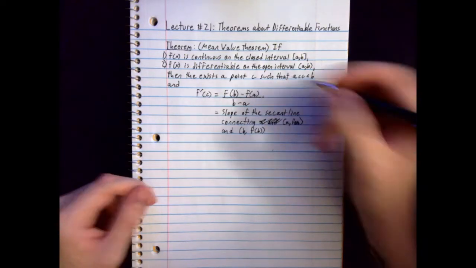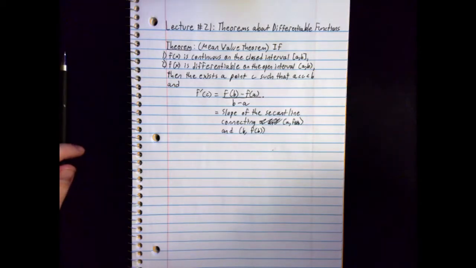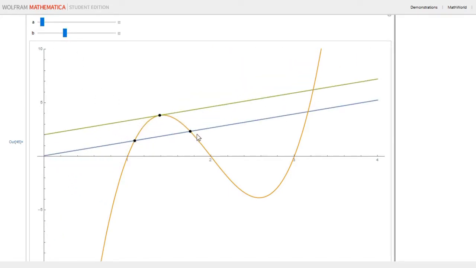So maybe let's take a look graphically at what this represents. And so notice what we have here. My two points that I'm interested in, my interval, are the two black dots here that the blue line is connecting.